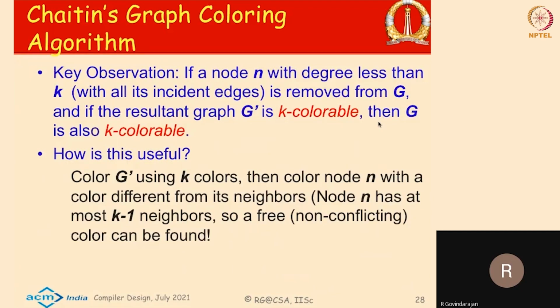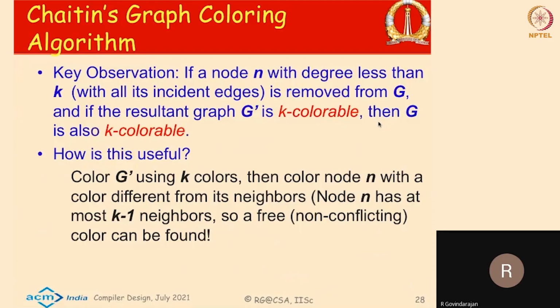And why is this true? This is true because if you have colored the remaining graph using k colors, the node that you have removed has less than k edges. That means that it has at most k minus 1 neighbors. And even if each one of these k minus 1 neighbors has a different color, you still have one color left, the kth color, which can be given to the node that you have removed.